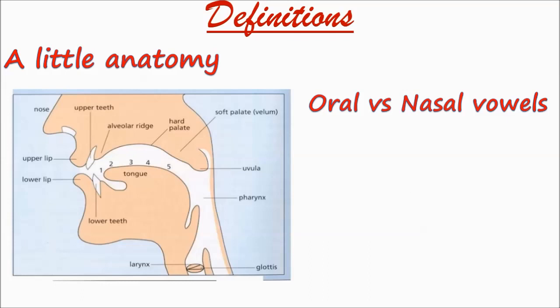And if you are going to produce a nasal sound, then the soft palate here goes down, and therefore here we have a little bit of an opening, and so some air will still go out your mouth, but some air will also come out through your nose, and that's why we call it nasal. Okay, some of you have already done some experiments in class with me to practice that, and we'll do more in the future.